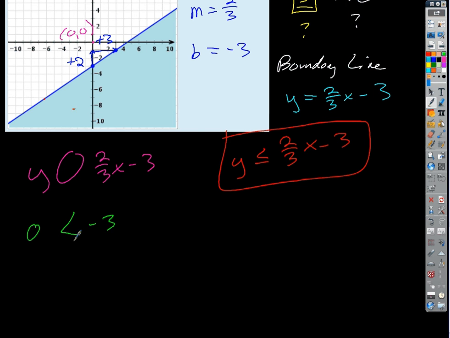So a false statement must mean less than. And of course, we know it has to be equal to also, because we're including the line. So that's the other way that we could fill in this blank, by knowing that the point 0, 0 has to fail, and the only sign that'll make it fail is less than. Okay? Make sense?